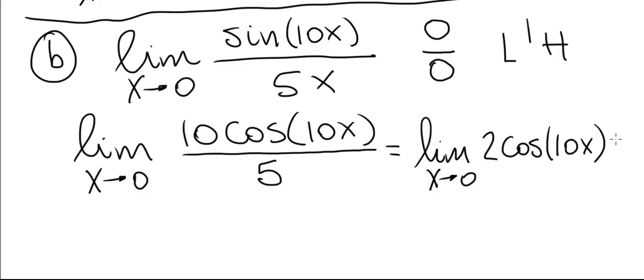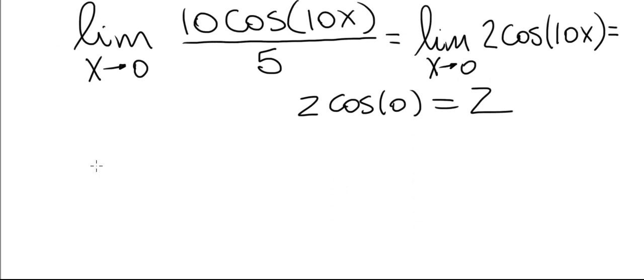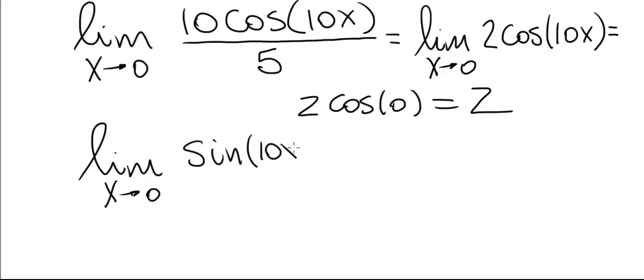As x approaches 0, so does 10x, so this is 2 times cosine of 0, which is equal to 2. Again, one application of L'Hopital's rule, and the problem is solved. So let me summarize that here. The limit as x approaches 0 of sine of 10x divided by 5x is equal to 2.